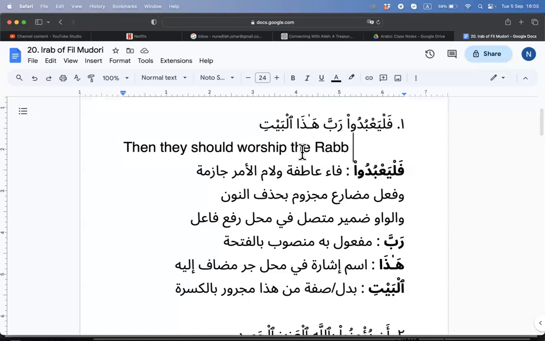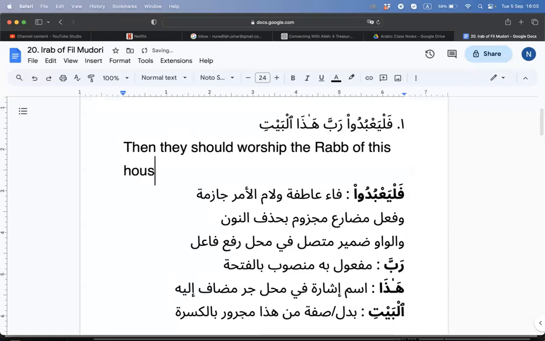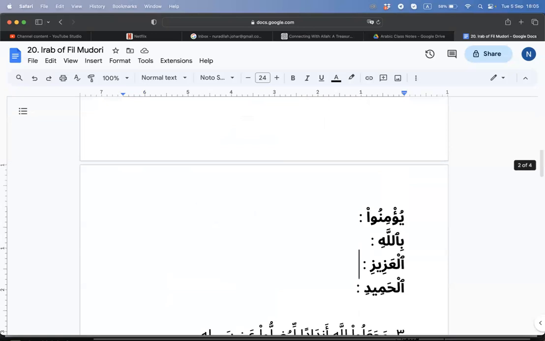So of Rabba hadha, the Lord of this house, meaning the Kaabah. So they should worship the Lord of this house, meaning the Kaabah. Good.